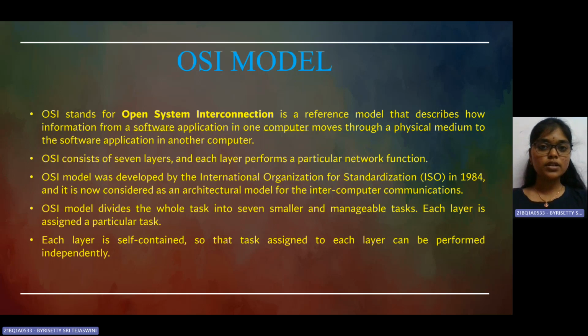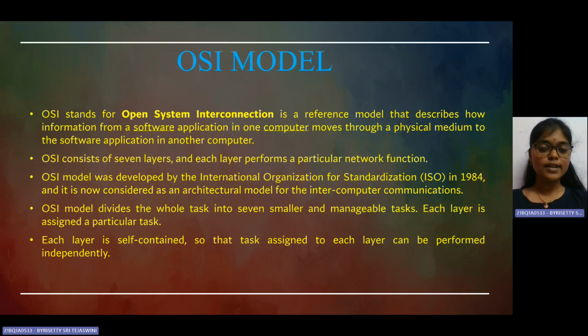Instead of doing all the tasks in one place, the OSI model is divided into 7 layers, and each layer has its own task, which will be performed for completion of the whole task. Each layer is self-contained, so the task assigned to each layer can be performed independently.